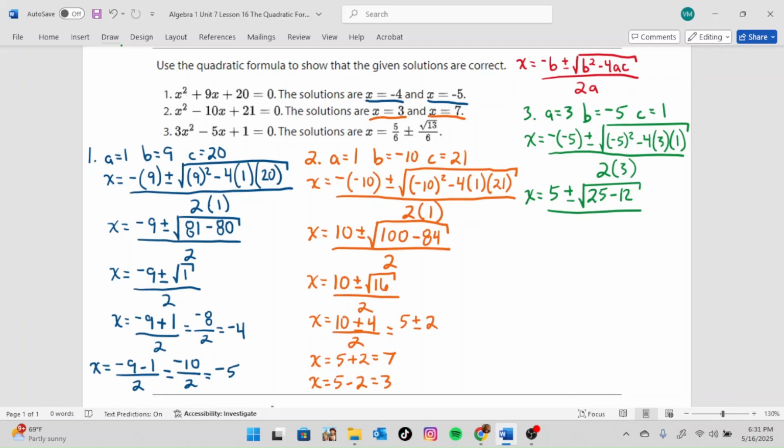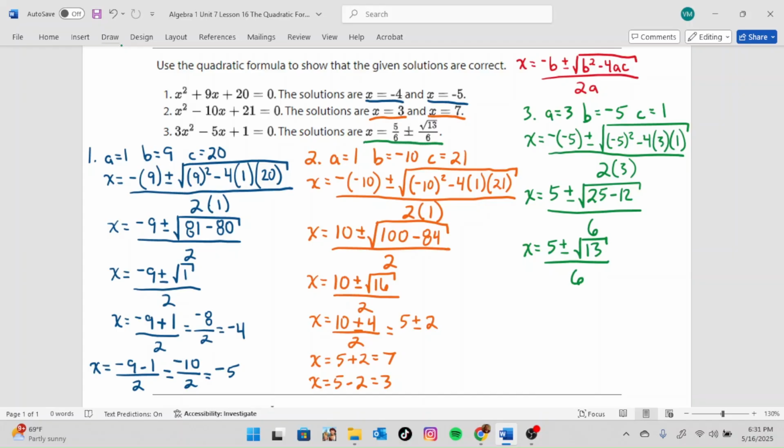All of that divided by 2 times 3 is 6. 25 minus 12 is 13. Now, it may not look like it, but this actually matches the answer that they gave us.